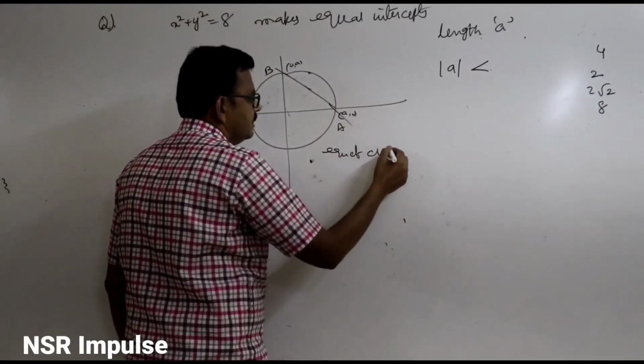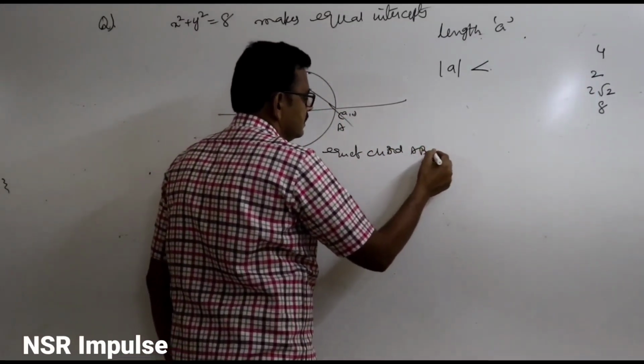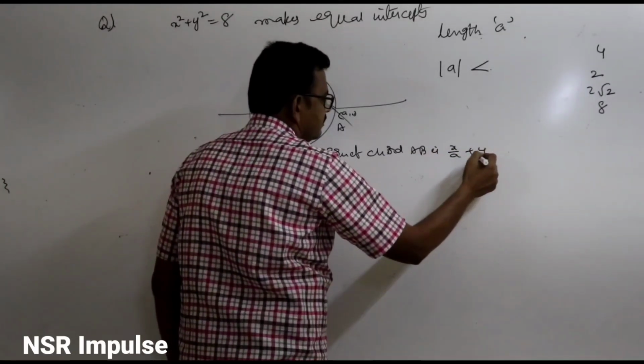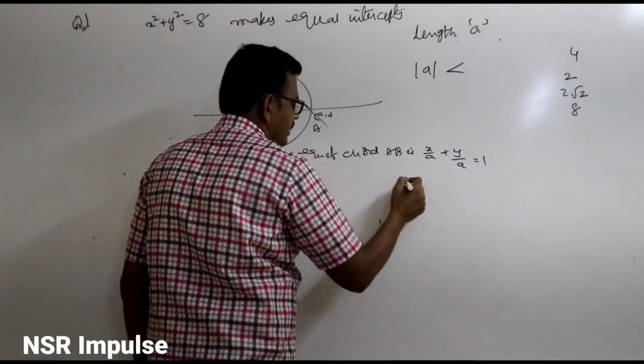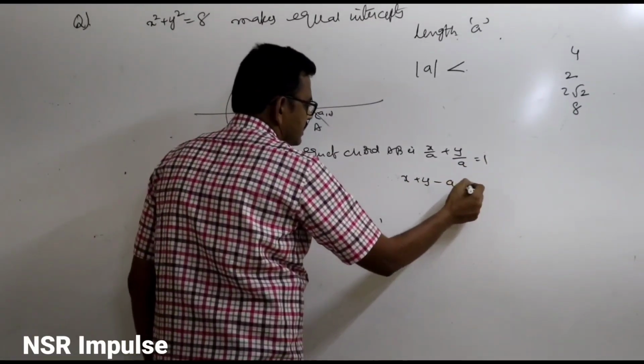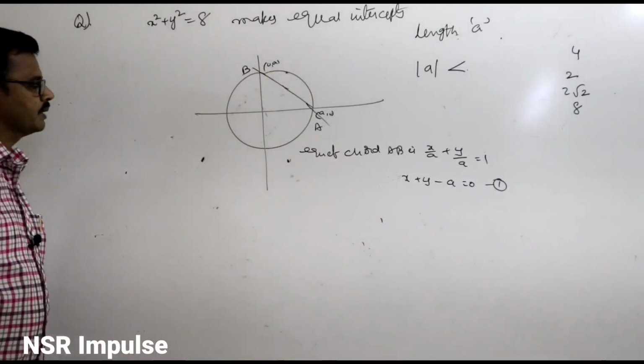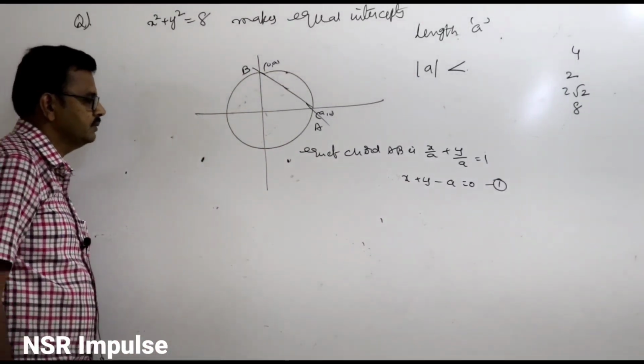The equation of chord AB is x by A plus y by A equal to 1, that is, x plus y minus A equal to 0.